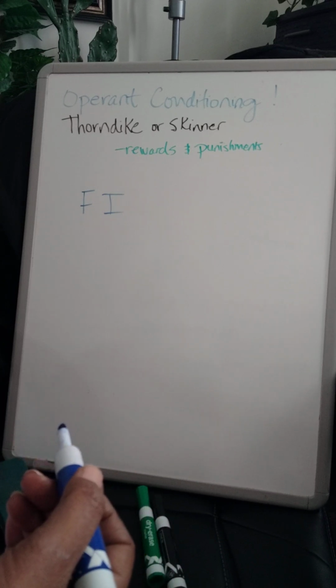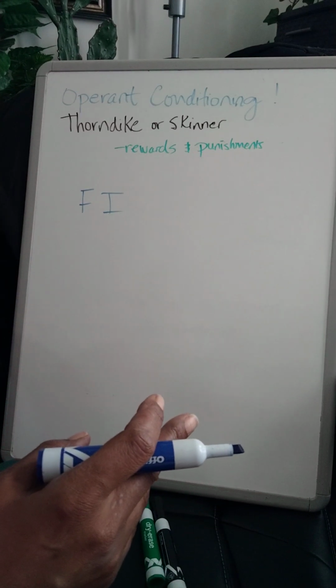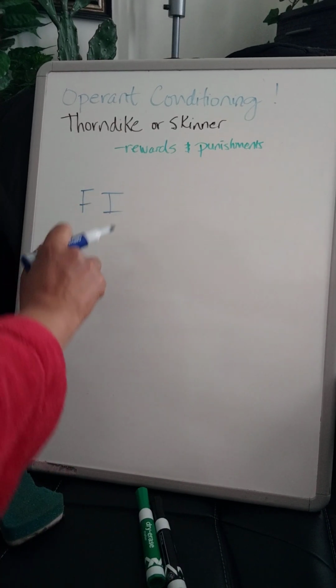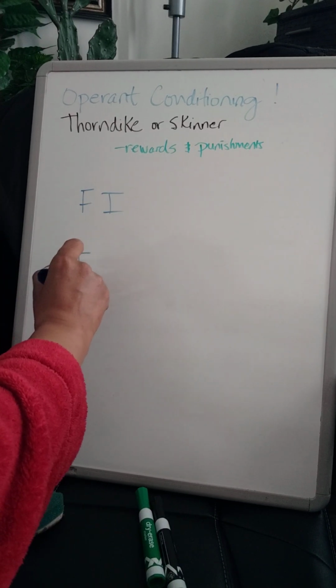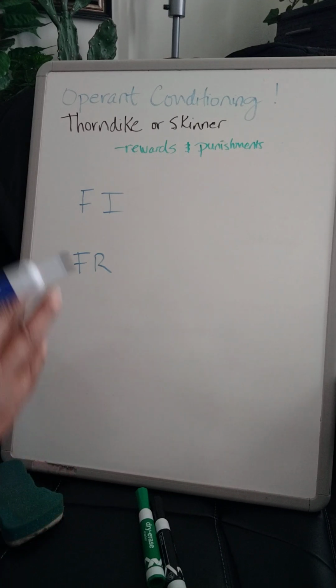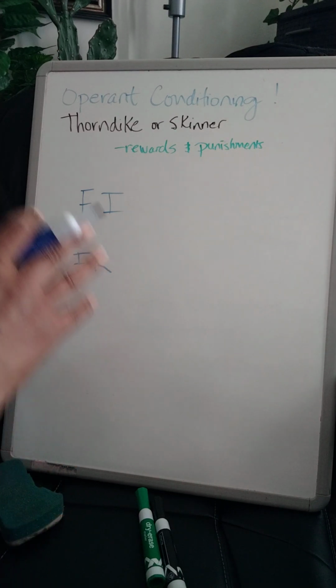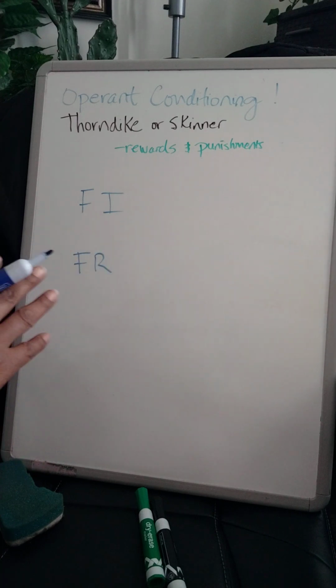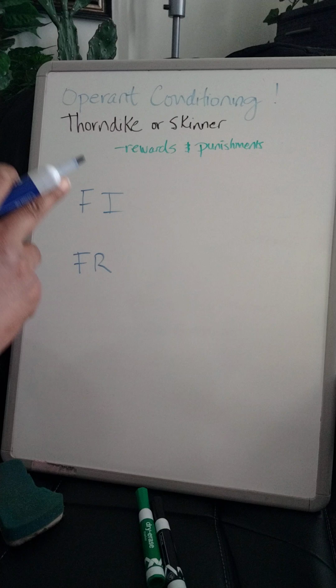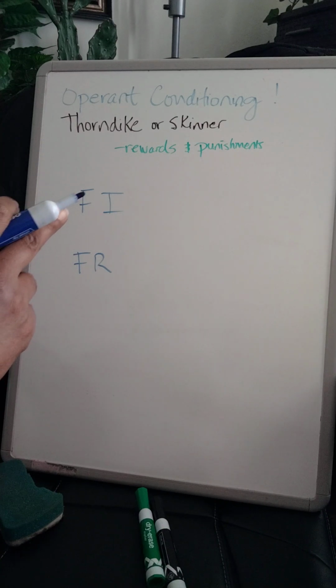Don't worry about that yet, we'll explain it. Just keep in mind, in our left column is FI. Then we're going to put FR. Remember, we're only focusing on coding our brain. So left column, start with FI for fixed interval, FR for fixed ratio.